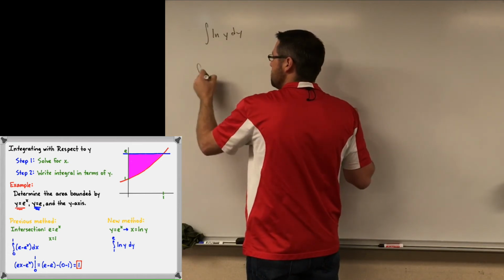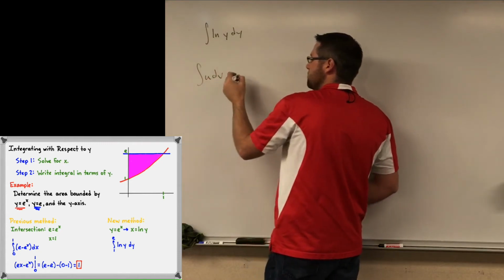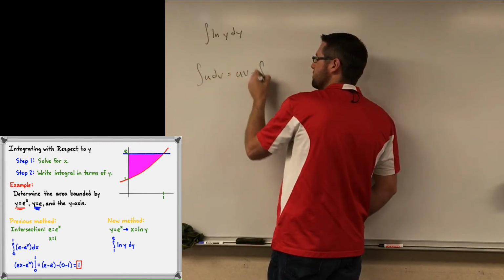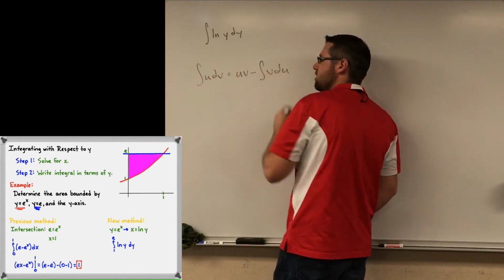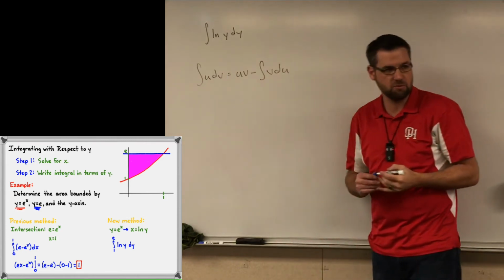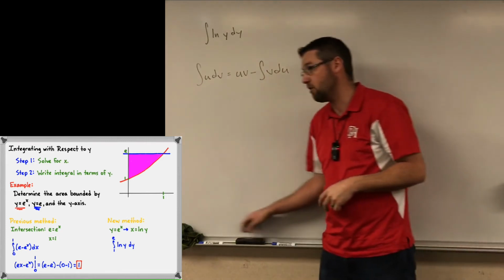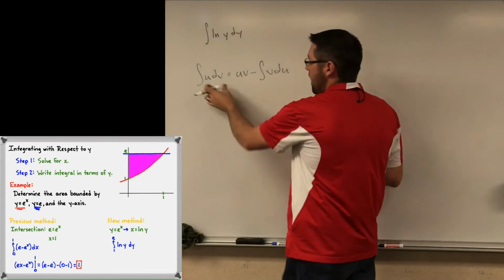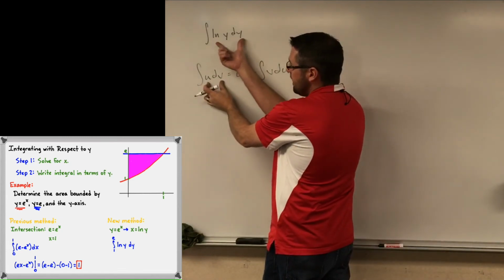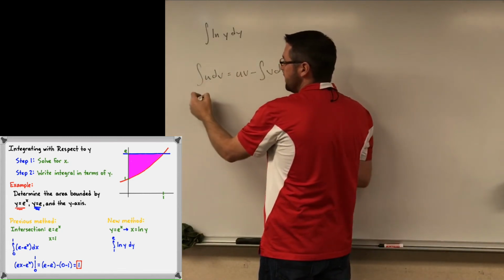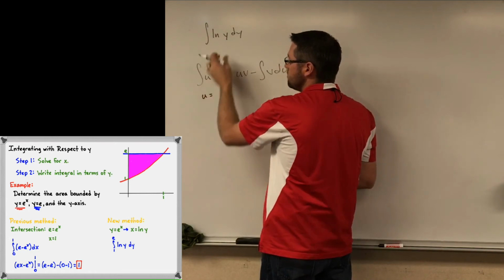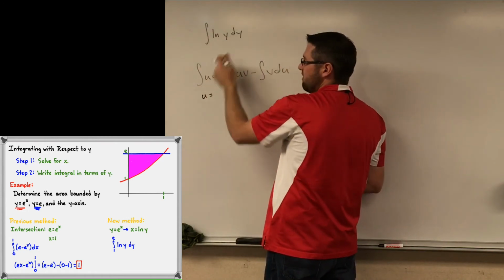The integral of u dv is equal to uv minus the integral of v du. I'm not saying you have to know this, but if you're curious, pay attention and see if you can follow it. I've got to identify u and dv here. So I'm going to say u is equal to, what can I take the derivative of?